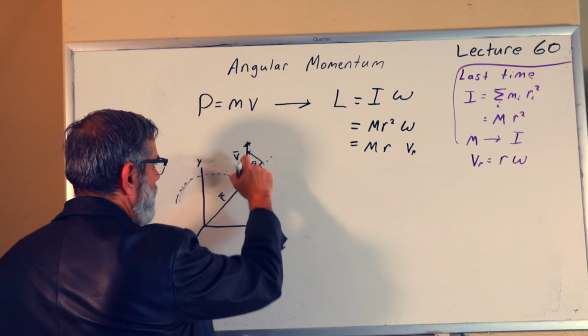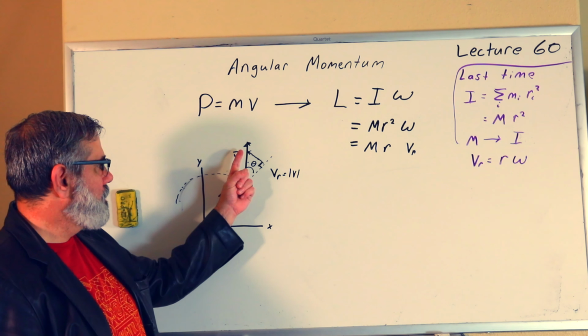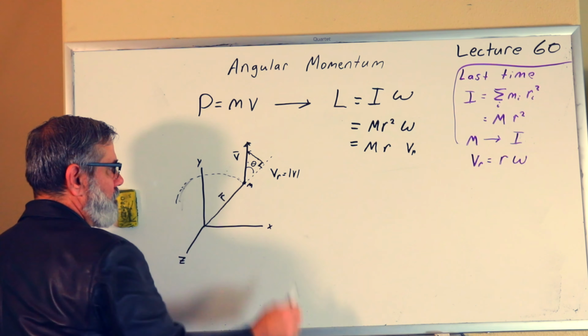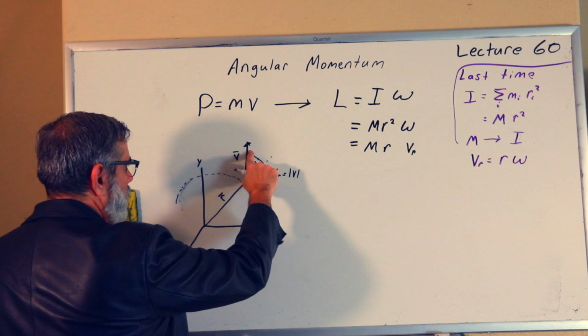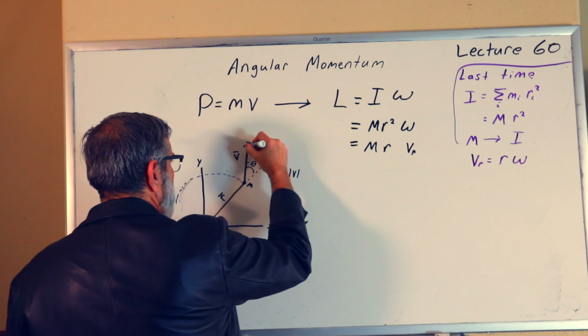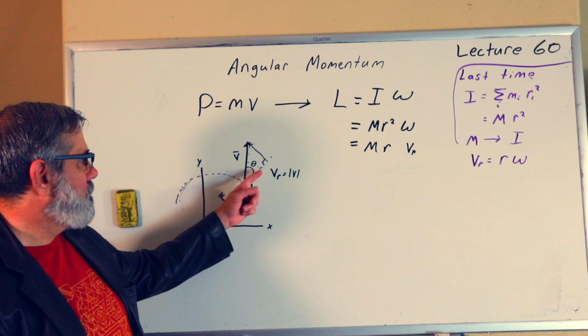Sine is opposite over the hypotenuse, right? You can see because this is our 90-degree angle, this velocity vector is the hypotenuse, right? I guess I should have drawn it all the way out to the end, like this. This is making a 90-degree angle to the radial vector, yes?